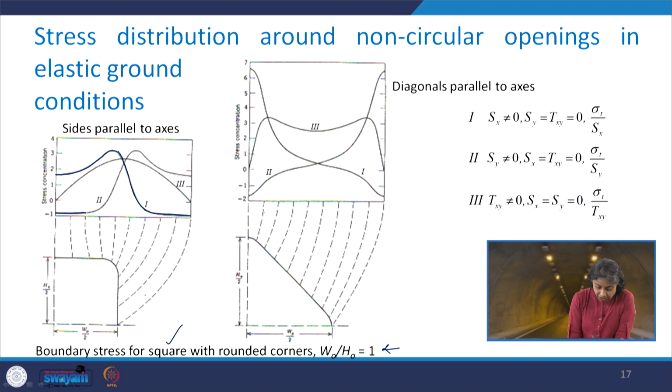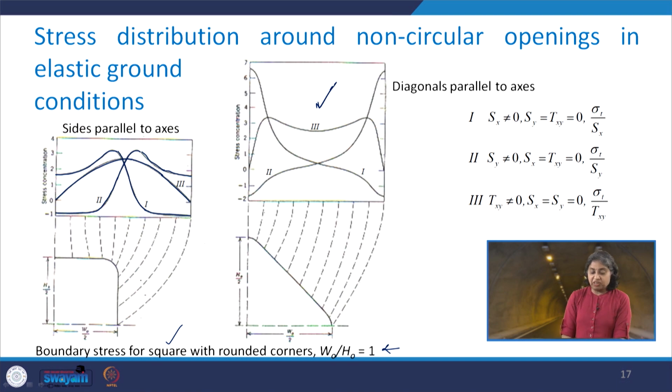This is for the state of stress designated as case 2, and this one is for case 3. Similar is the situation here.